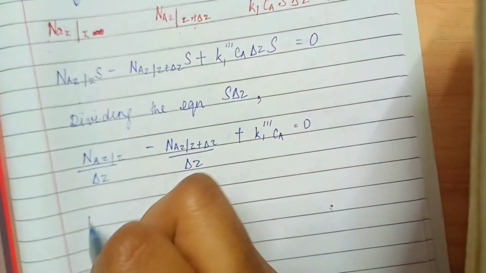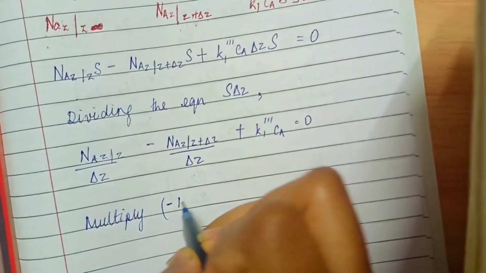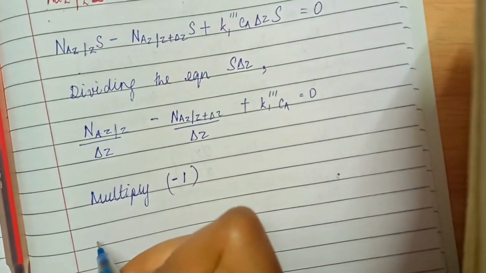Now we multiply the whole equation by minus 1.